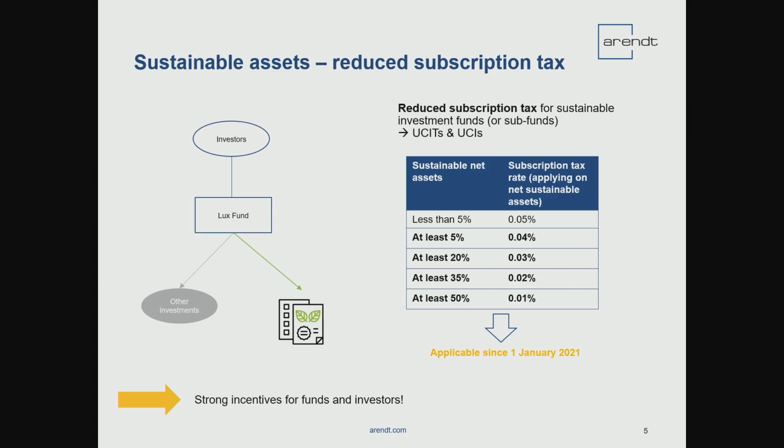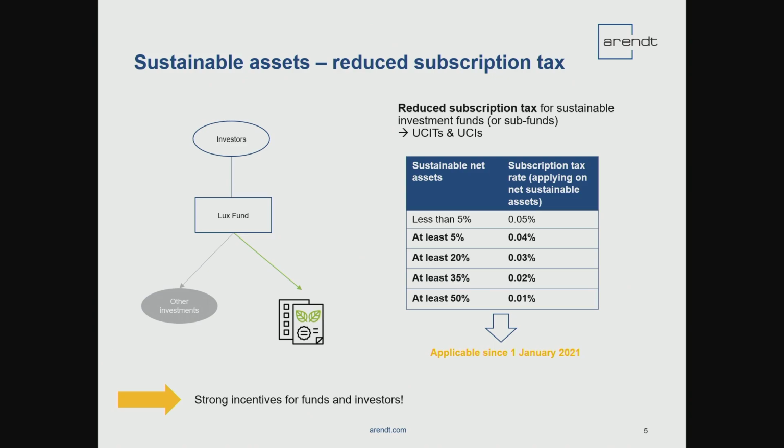Meaning that if you hold less than 5% of sustainable net assets within your fund, all remains basically the same. The usual general 5 basis point subscription tax rate will apply, provided that you cannot apply other exemptions or reductions in that context.